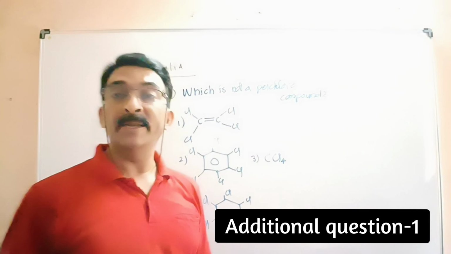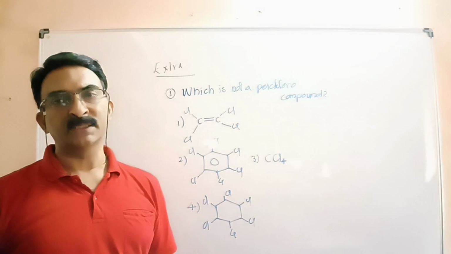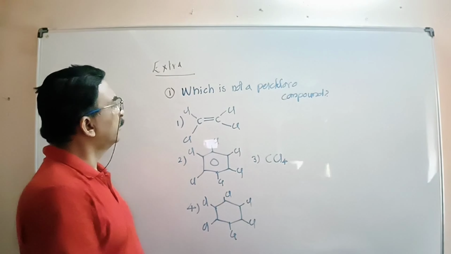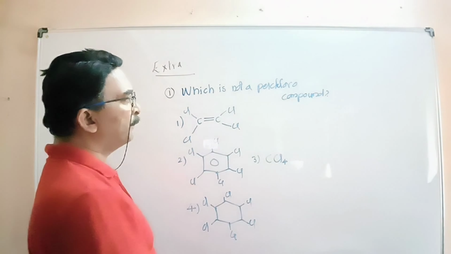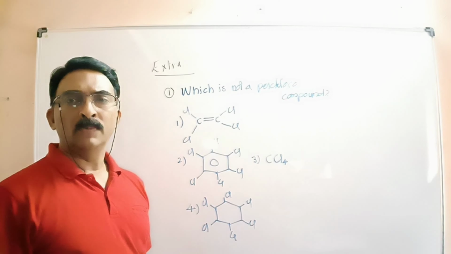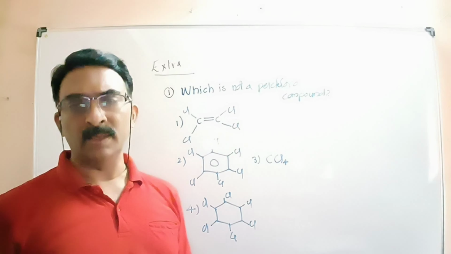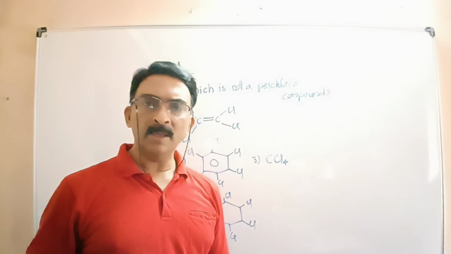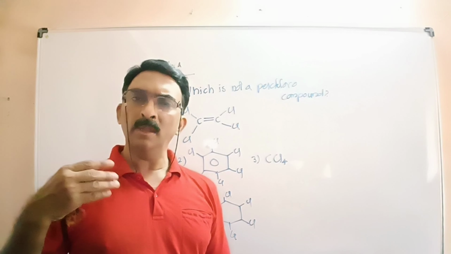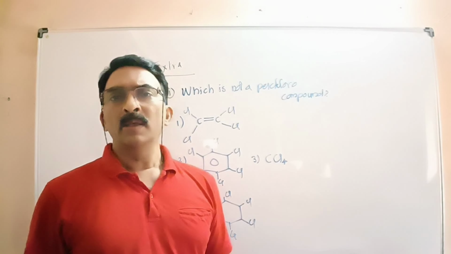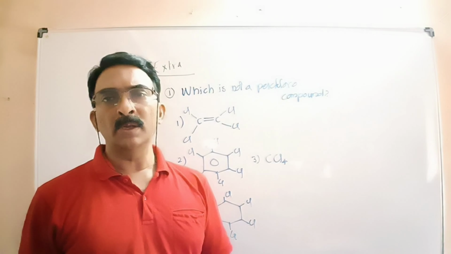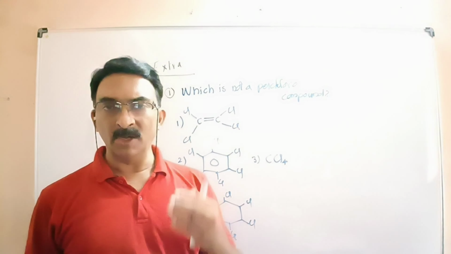This is an additional question, not from the text. Which is not a perchloro compound? What is meant by a perchloro compound? A perchloroalkane or alkene is that alkane or alkene, or any hydrocarbon in that case, from which all hydrogen has been replaced by a particular halogen.